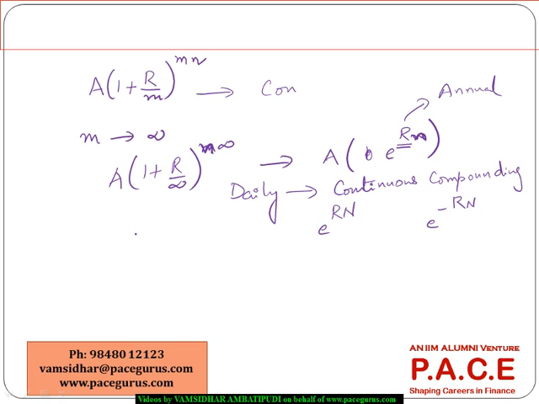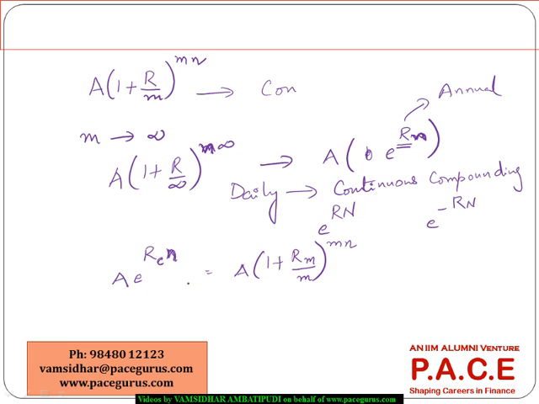And we can even convert from one form to the other. Suppose I look at the same amount A with continuous compounding for n periods, and with some compounding frequency for n periods.